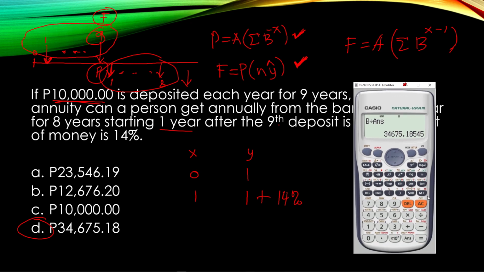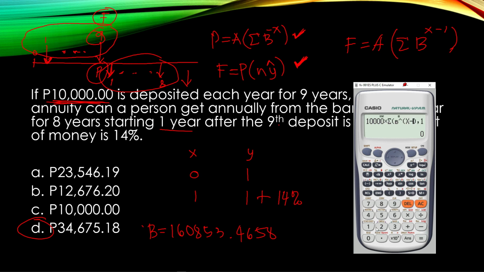So, let's try, no? Ilan ba yung B natin? Magkano ba? We have, record lang natin, no? For reference, 168.53.465. Okay, try natin kung same lang ba yung makukuha natin kapag ito yung gagamitin natin na formula. Since we already have 10,000 for annuity, so 10,000, and then multiplied by the summation of yung b raised to the power of negative x from 1 ay hindi na negative x kasi nga x minus 1 na.